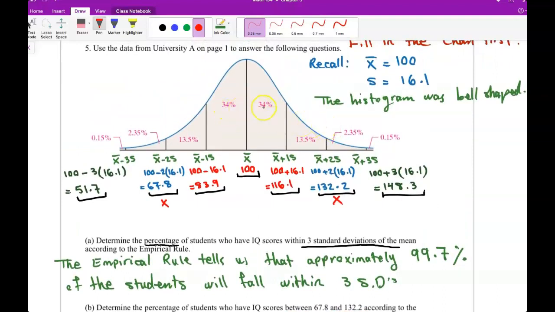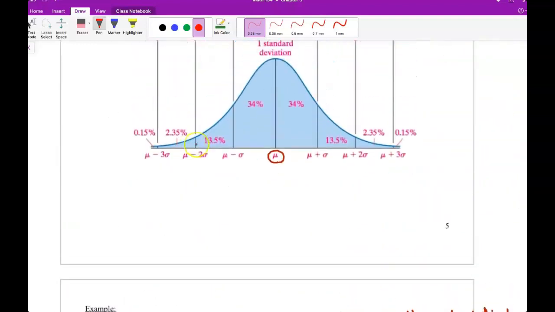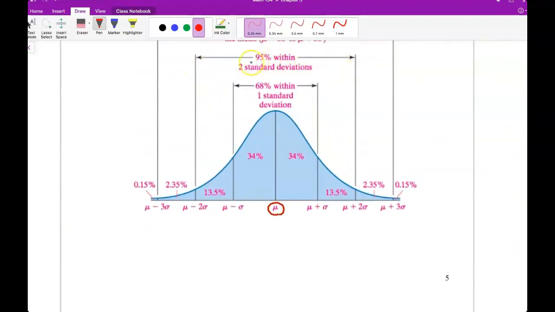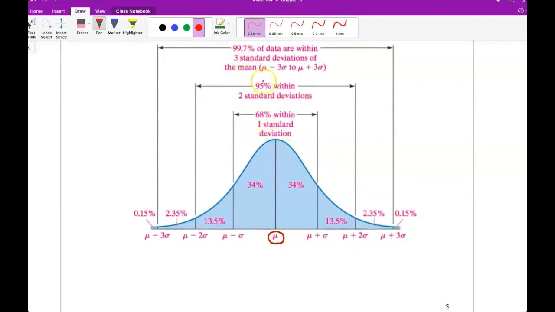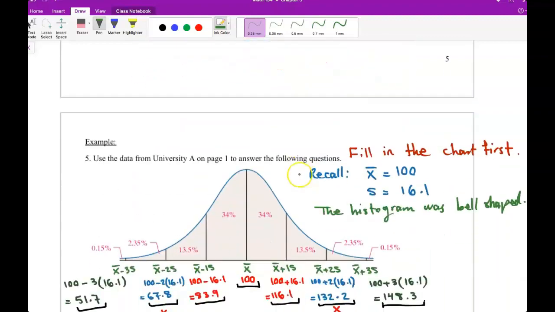And what the percentage is for that part is not changing. So always you have 34%, 34%. Here is 13.5, 13.5. Here is 2.35, 2.35. So these numbers will not change at all. When it's within 2 standard deviation, if you forgot what that percentage was, you can add all these 4 numbers. So that is equal to 95%. Here within 2 standard deviation, we always have 95%. Make sure to remember all these 3 numbers. These are important, so you need to know what those percentages are.